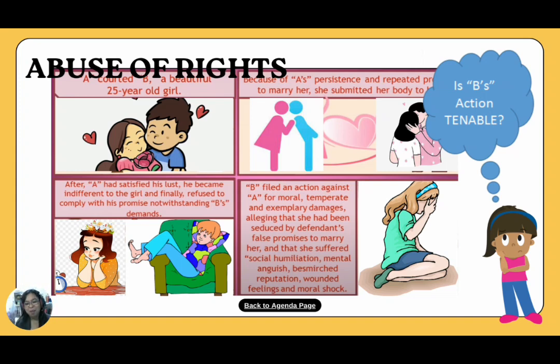Nasaktan siya, and moral shock. She felt moral shock. At sa tingin nyo, syempre, she will be wondering also, is this action tenable? Tama ba na, sige, magdedemanda ako, total, ayaw mo kung pakasalan. Tama ba na gano'n?